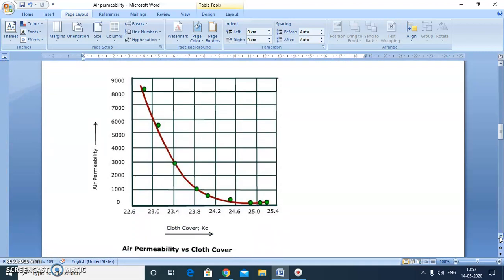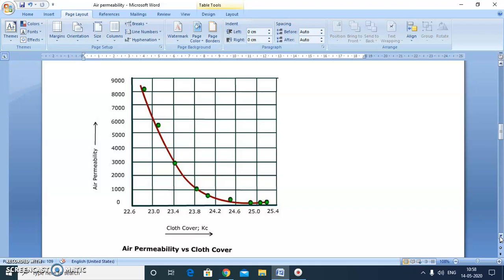Now in this graph we can see that air permeability and cloth cover, how these two things are related. As the cloth cover of a fabric increases, air permeability decreases exponentially. It has been shown here that naturally if the cover is higher, the flow of air through the fabric will be lower, and it reduces exponentially with cloth cover.